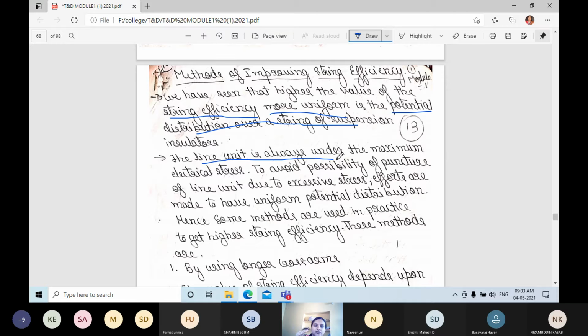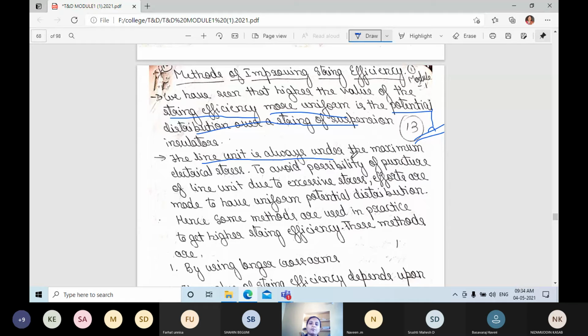At the bottom side the conductor will be connected, and here this will be insulator. Here the line unit is always under the maximum electrical stress, that means the disc which is near the conductor will be under maximum stress.